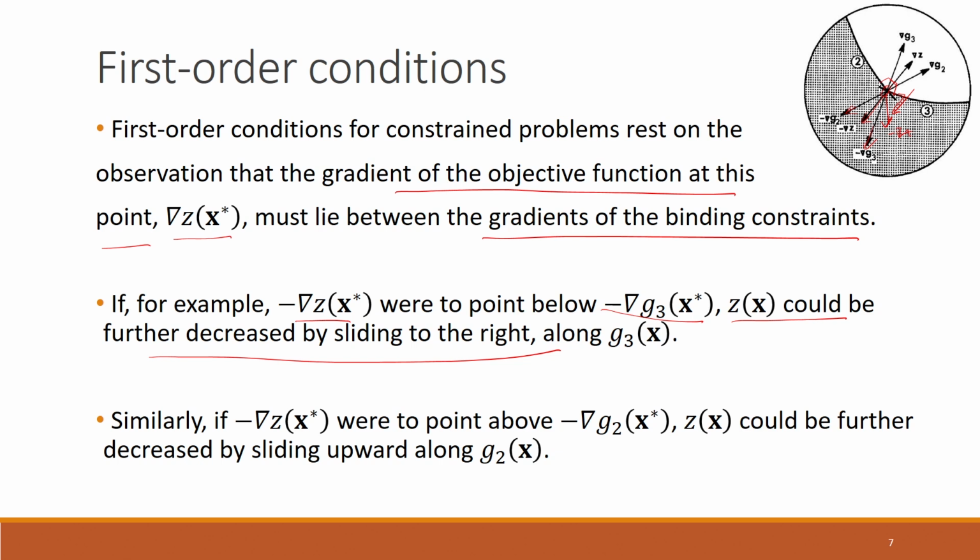Similarly, if minus grad z was above minus grad g2, suppose the minus grad z was in this direction, then it would have been possible to slide further up here and we would have got to a point where the objective function value is even lower, but then that will lead to the contradiction that the optimal point is here. To better understand this, you can take some further examples and you can see this.